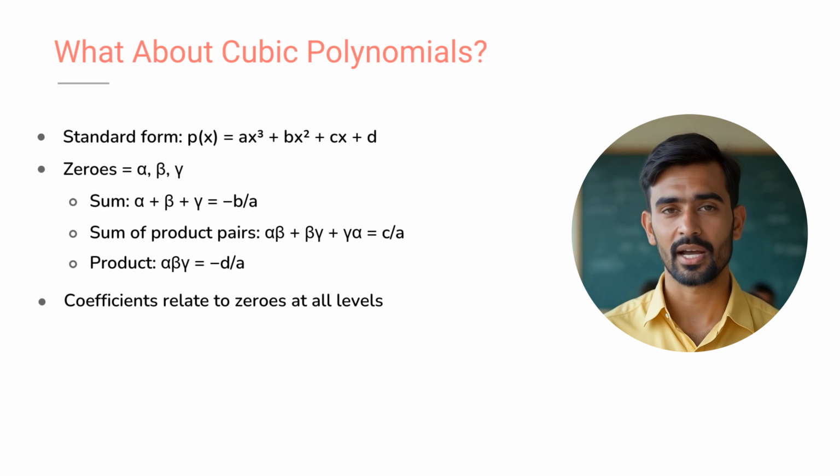The sum of product pairs, alpha times beta plus beta times gamma plus gamma times alpha, equals c divided by a. The product, alpha times beta times gamma, equals minus d divided by a. These three relationships connect the zeros to the coefficients directly.